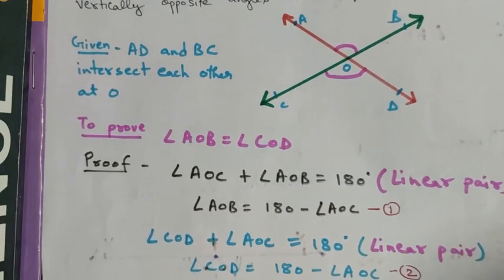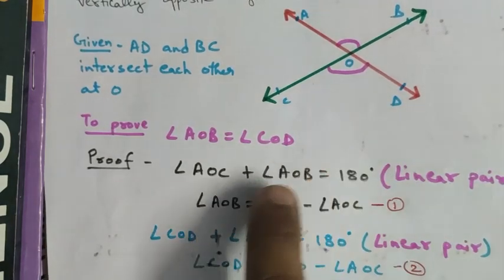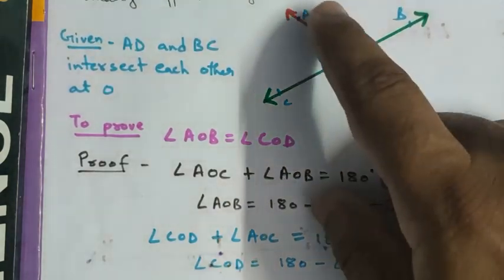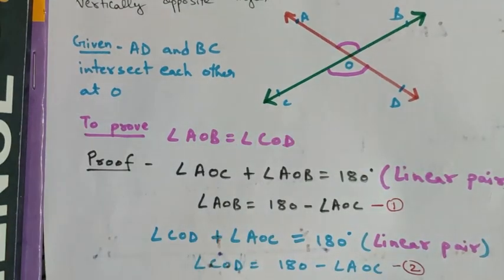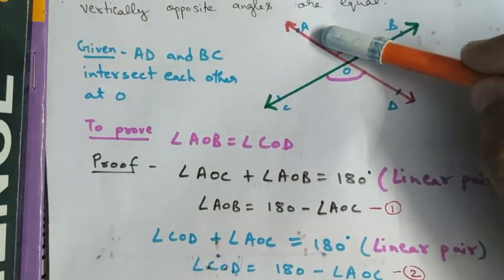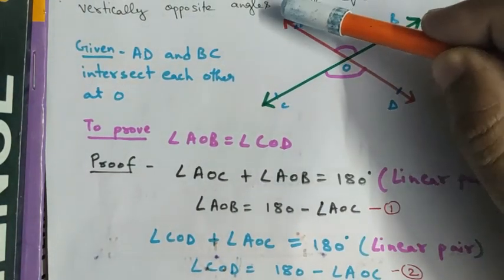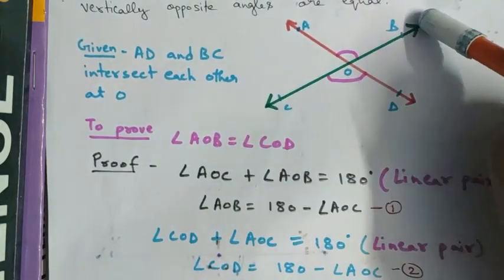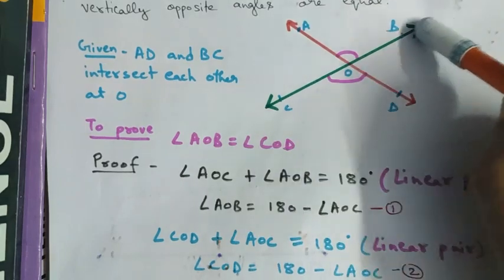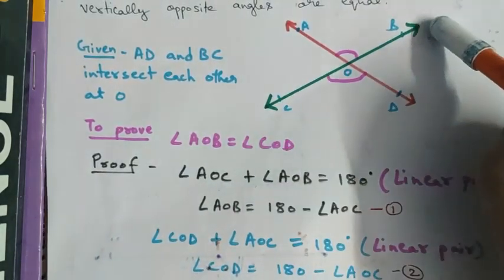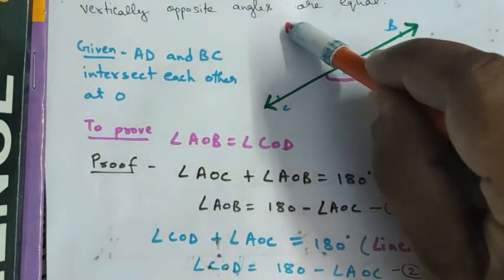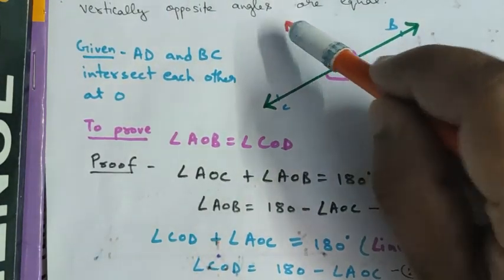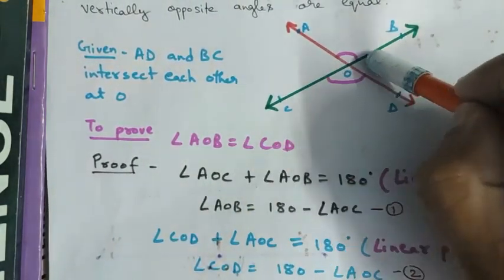So we will be starting with the proof. First of all, since angle AOC and angle AOB are the two angles lying on line BC, BC is a straight line, and ray OA stands on line BC.